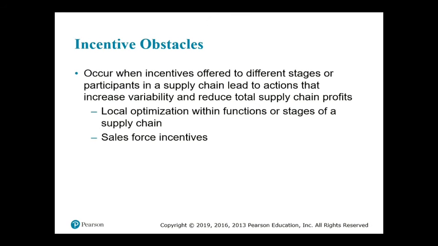So how does that affect the demand of the manufacturer? Increase the variability, right? So we're basically artificially creating this peak in the manufacturer's demand. So inappropriate sales force incentive will lead to higher variability and of course reduce supply chain profit.